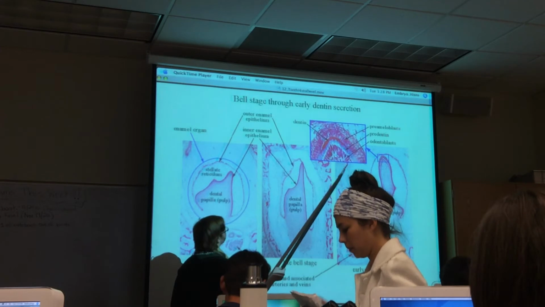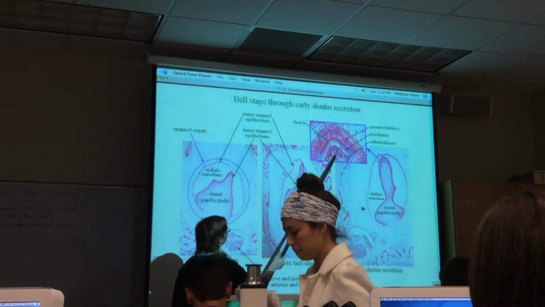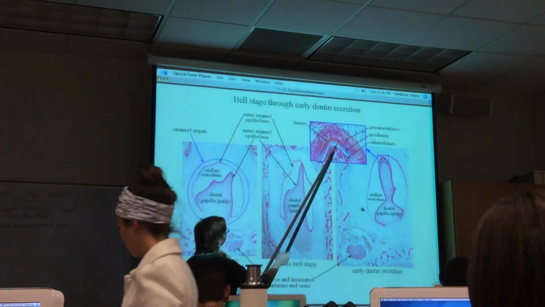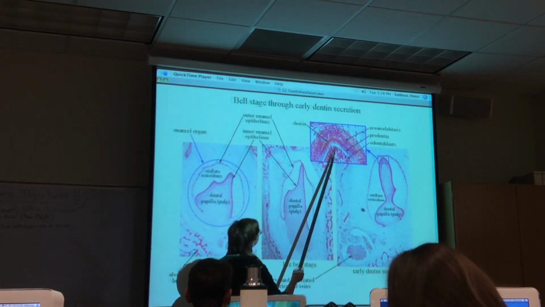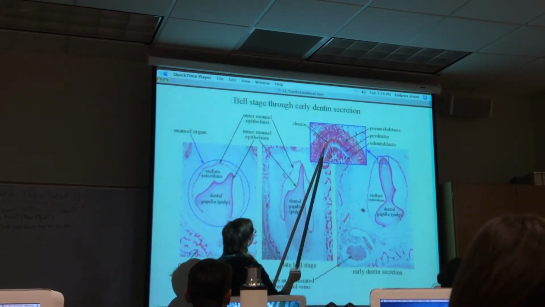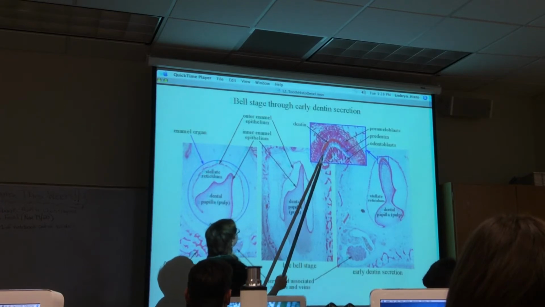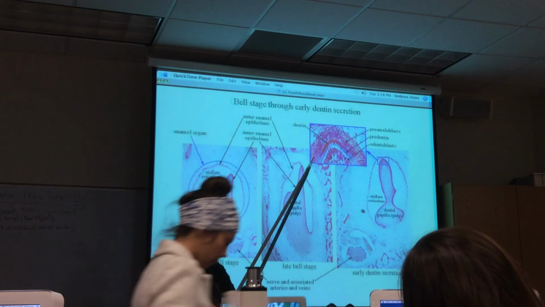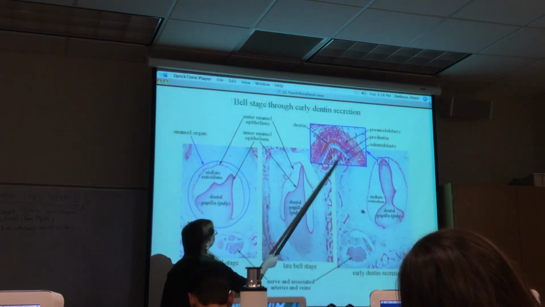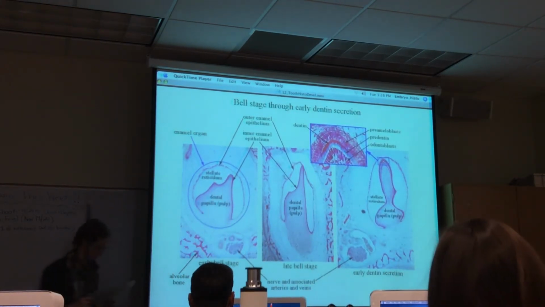And of course those odontoblasts are going to form predentin, which is this lightly blue staining stuff in the tooth. And then of course dentin, which is always going to be pretty directly staining pink or red. And that's just between those odontoblasts and preameloblasts. You'll just see that dentin hanging out from there.